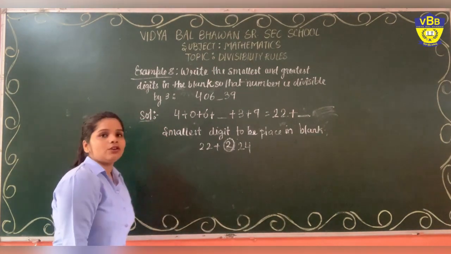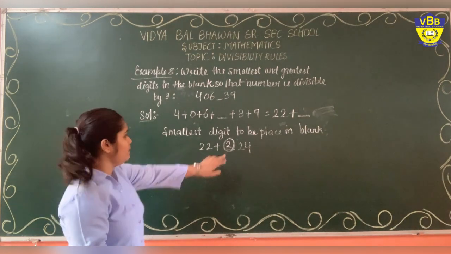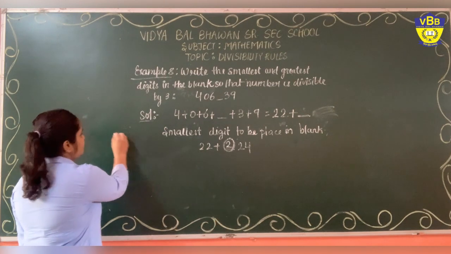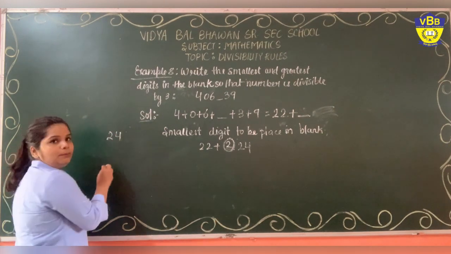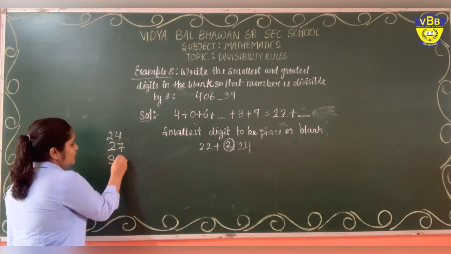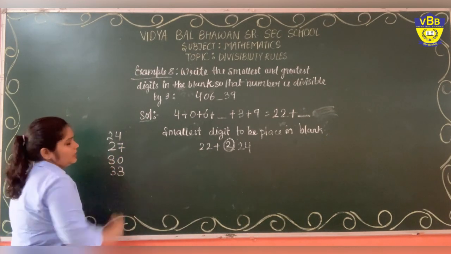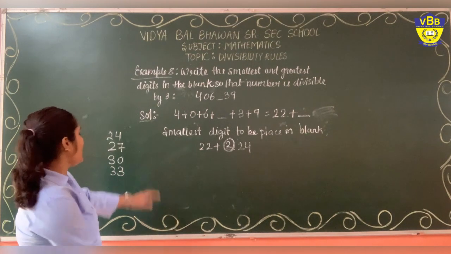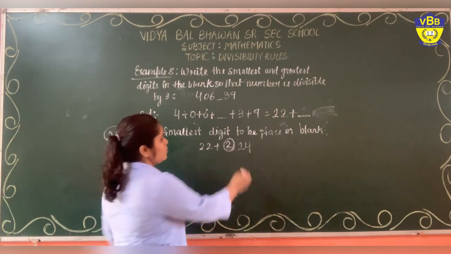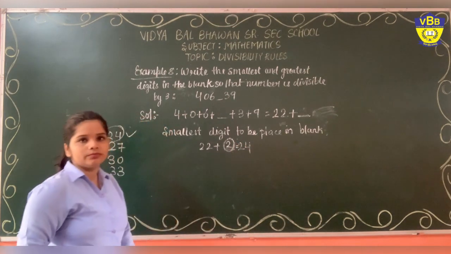And now it is asking about the greatest digit. What can be added here? Okay, so after 24, the multiple of 3 is 27, after that 30, after that 33. So we made it 24 when we added the smallest digit, that is 2.